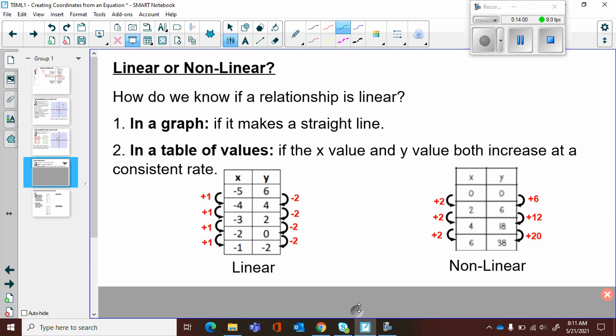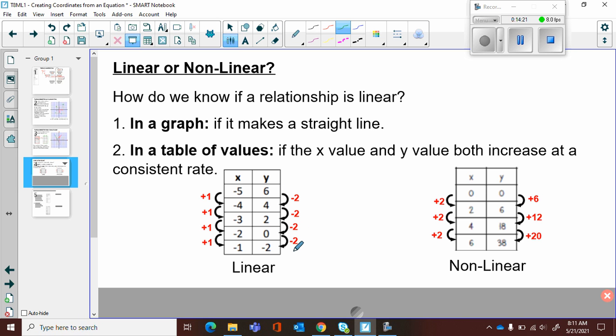In a table of values, if the x value and the y value both increase at a consistent rate, then we know it's linear. In this table, x is increasing by 1 every time. Y is decreasing by 2 every time, -2.